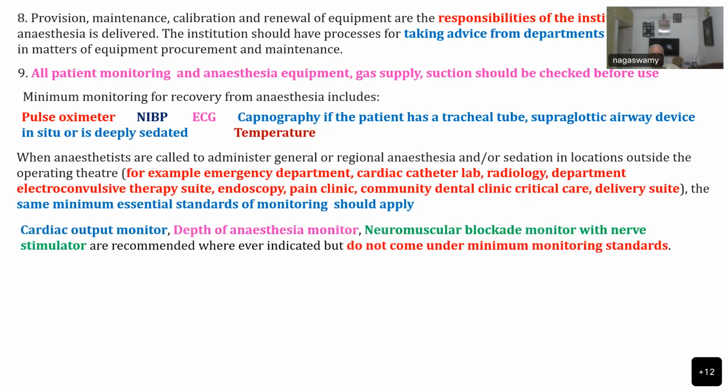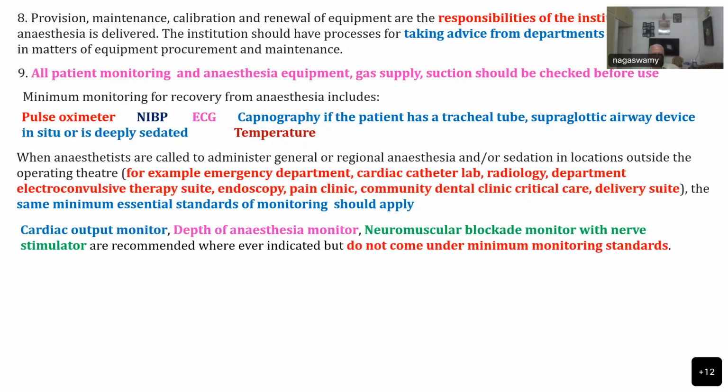And in cases like cardiac output monitor, depth of anesthesia monitor, or neuromuscular block monitor with nerve stimulator, these are recommended whenever indicated, but they do not come under minimum monitoring standards.